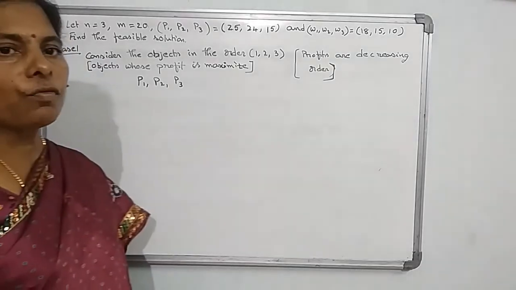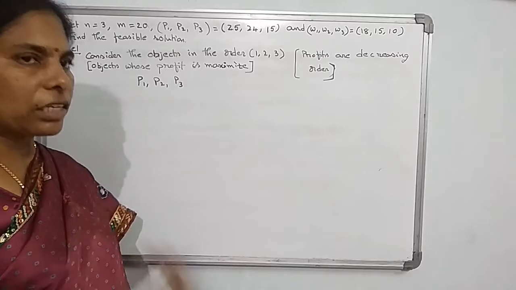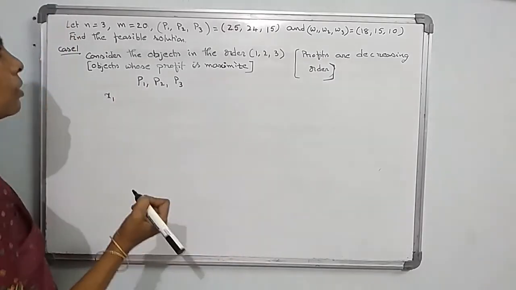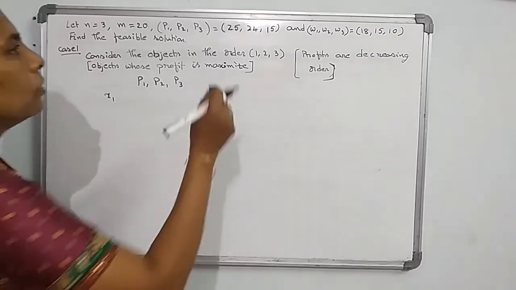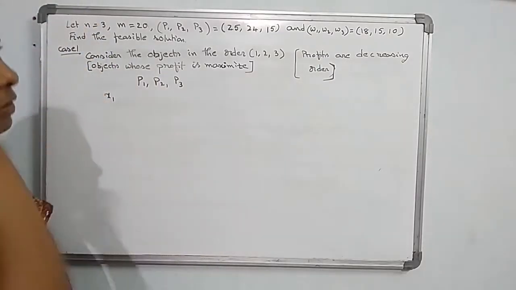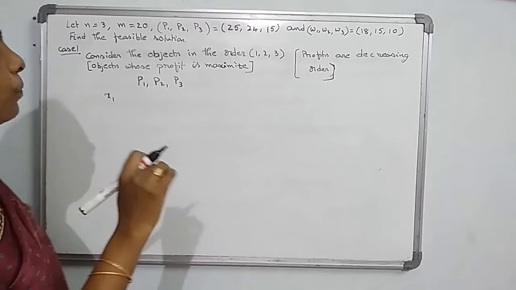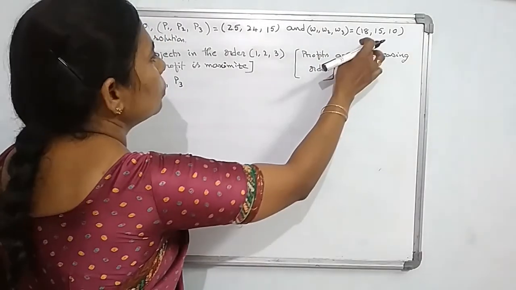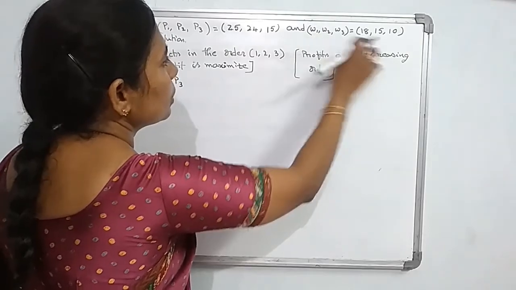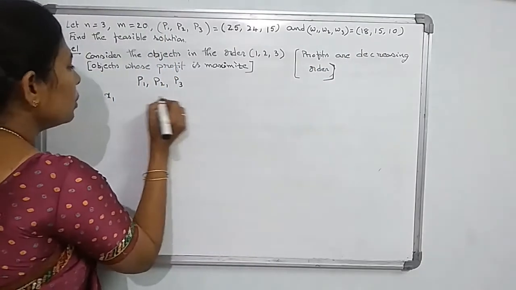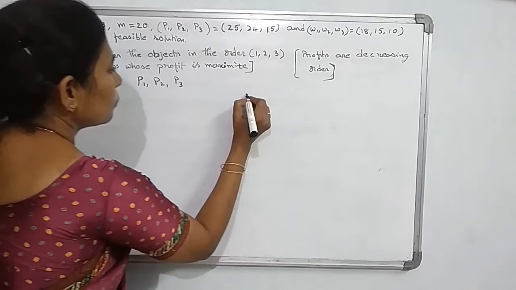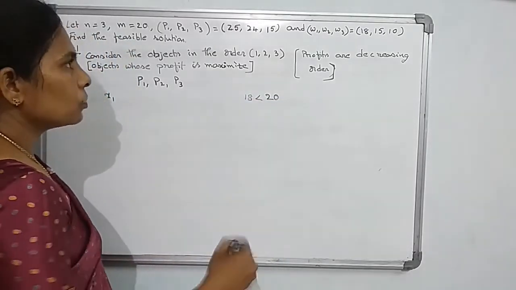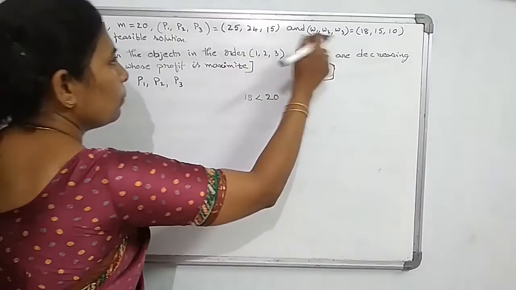After taking the profits, next we find the xi values. First, the x1 value. Does the object fit in the given knapsack? Here m equal to 20 and the weight of the first object is 18. 18 is less than 20, so you can take 1.